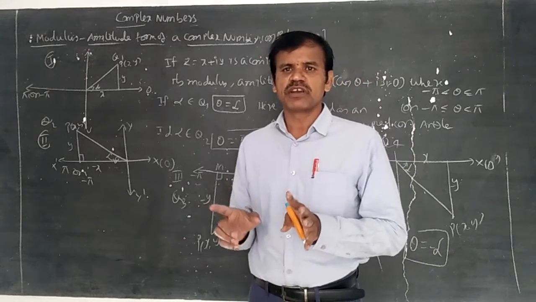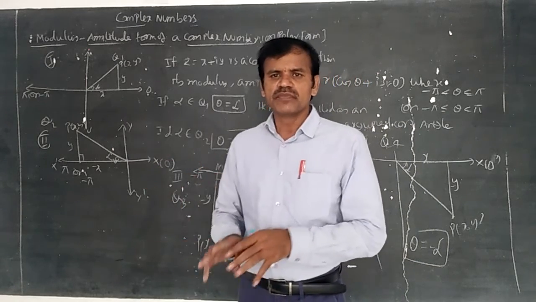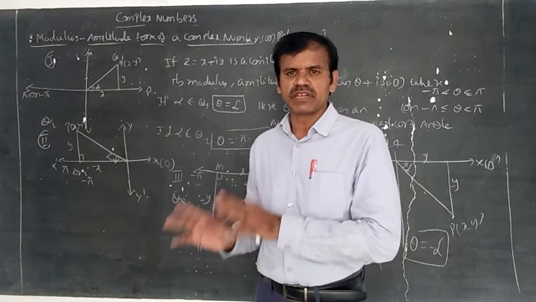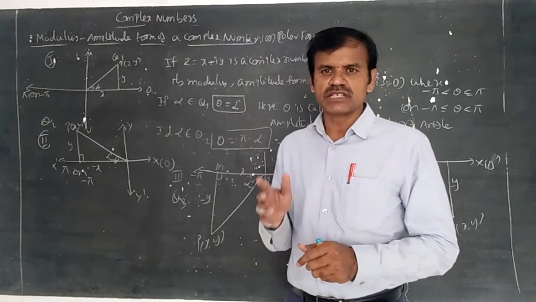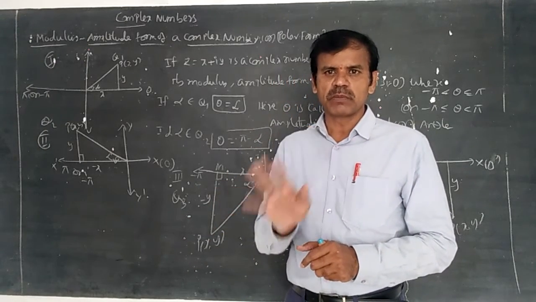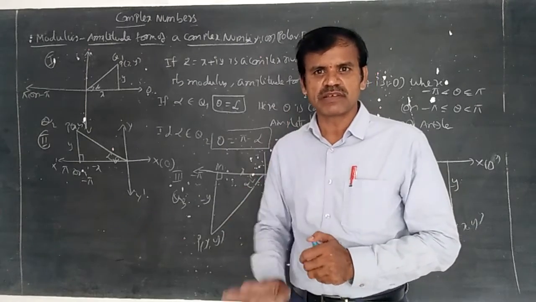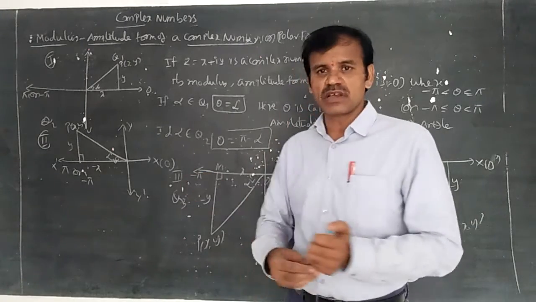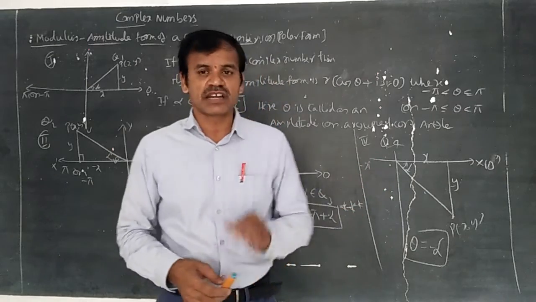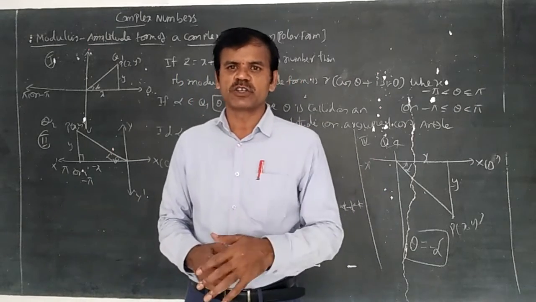If it is in the first quadrant, you should write simply theta is equal to alpha. If it is in the second quadrant, theta is equal to pi minus alpha. If it is in the third quadrant, theta is equal to minus pi plus alpha, not pi plus alpha. Students understand? Minus pi plus alpha. If it is in the fourth quadrant, it is not at all 2 pi minus alpha. It is simply theta is equal to minus alpha.